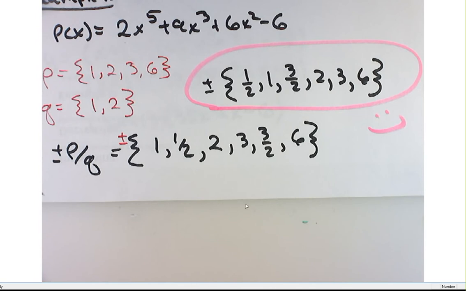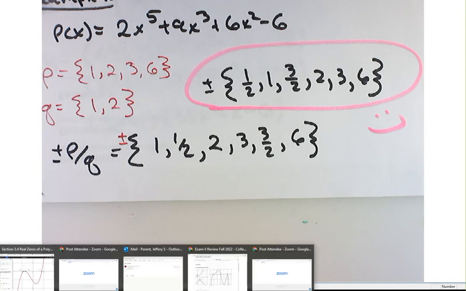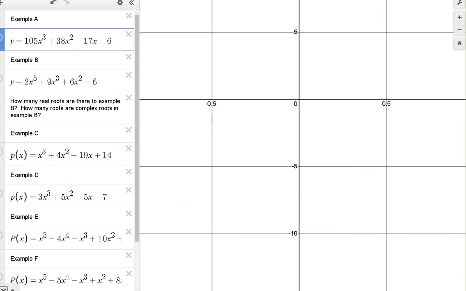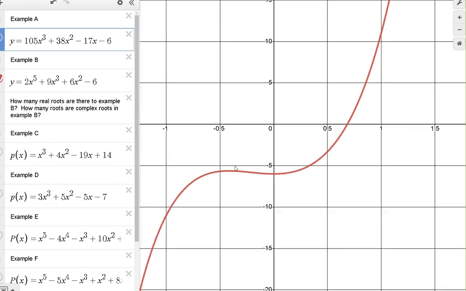If we take a look at the actual polynomial itself, I don't think that it actually crosses the x-axis at any of these. If you look, it really only crosses the x-axis at one place, and that's not on our list. So wherever it crosses, it's an irrational number. Okay, no big deal. Notice that it only crosses at one place.